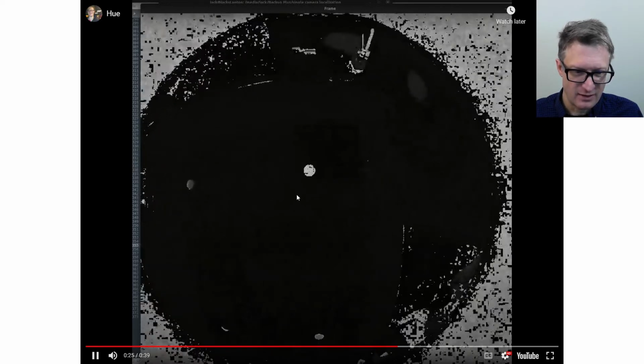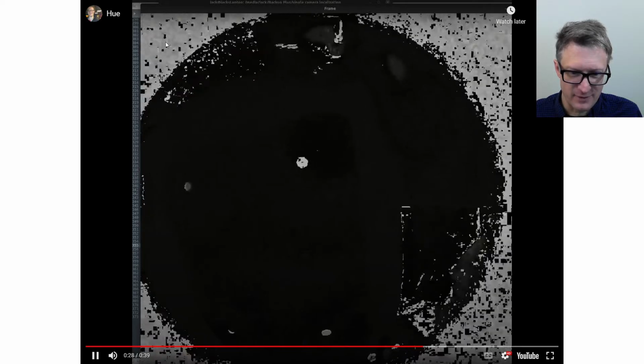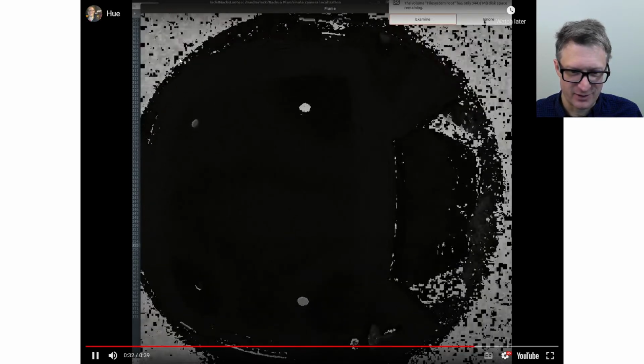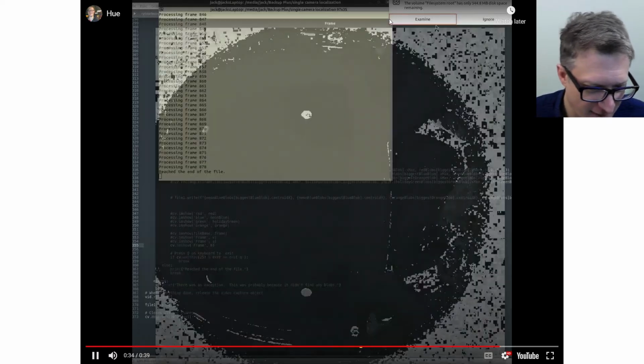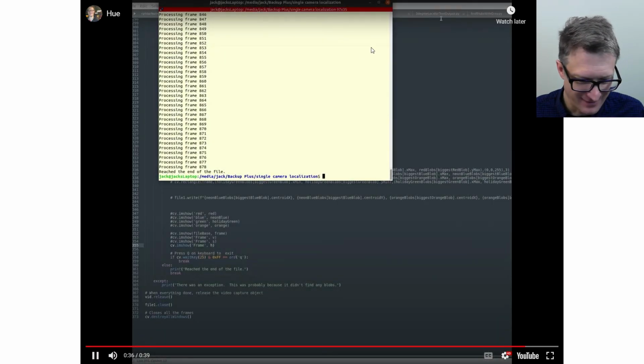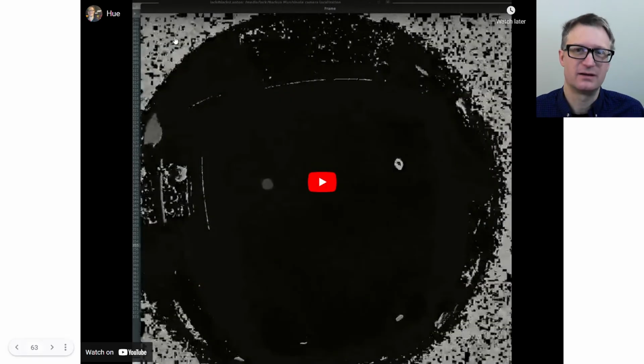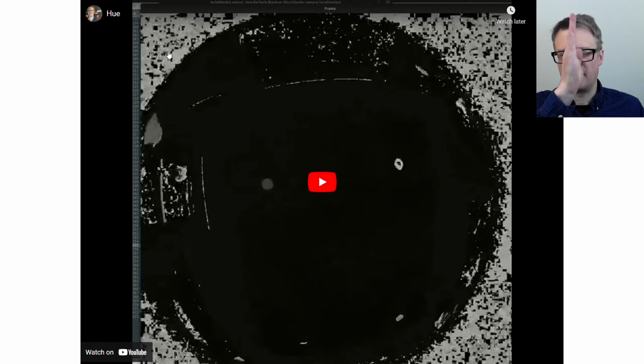You can see that where it doesn't have a whole lot of information, where it's really dark, it's having difficulty computing the hue, because the hue is based on the ratios of red, green, and blue.